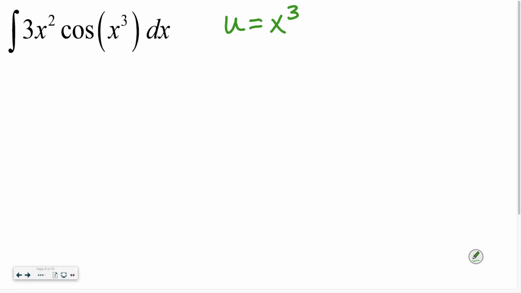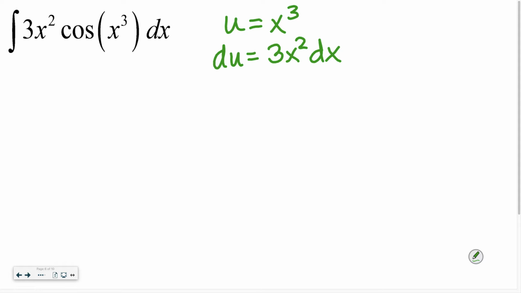And if u equals x cubed, then when we take the derivative using differentials, du is 3x squared dx. Are you okay with how we're writing? That worked out nicely for us.